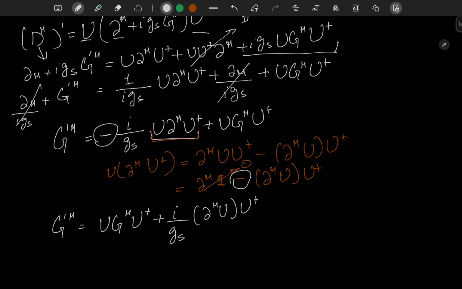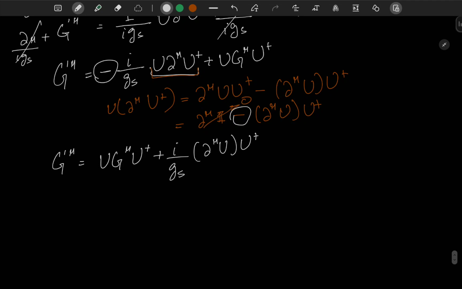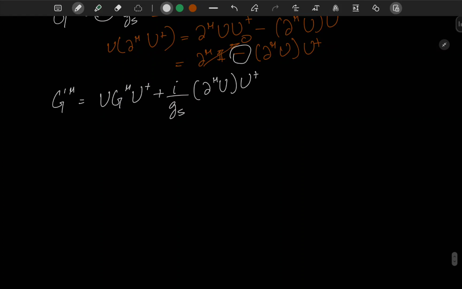Anyway, the field also transforms as the covariant derivative transforms, and we can also write g mu, which is a field, in terms of the fundamental representation of the SU3 algebra. So we can write this G mu in the fundamental representation.